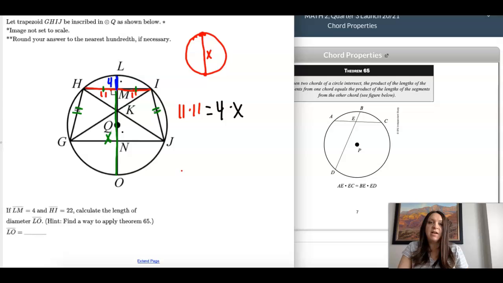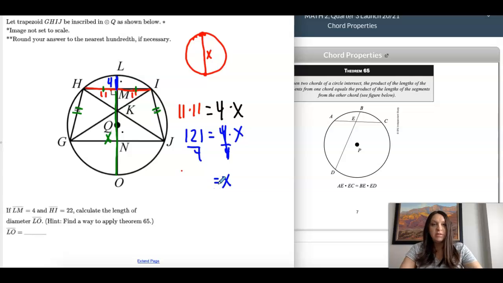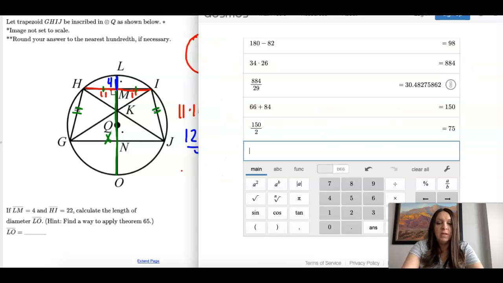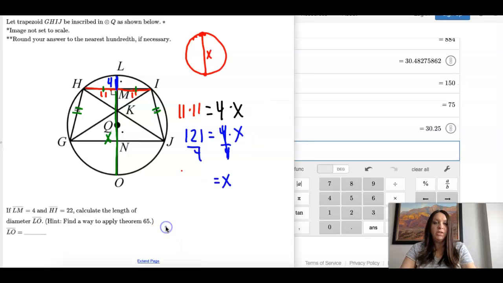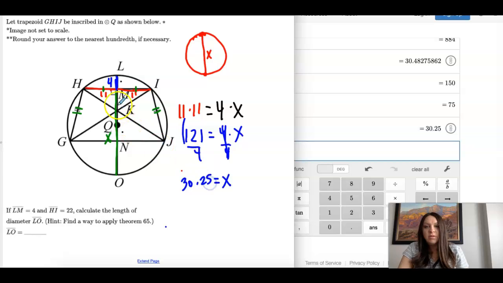So 11 times 11 is 121. To find the x length, we're going to divide both sides by 4. So 121 divided by 4 is 30.25. So what we just found out is we already knew that we had a little section of 4.